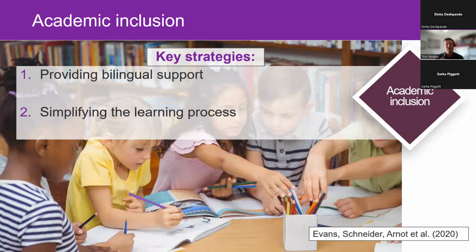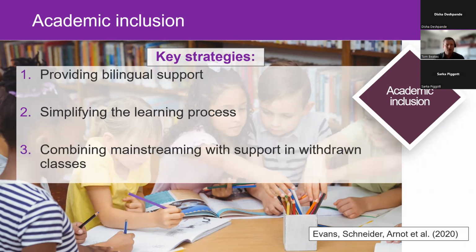They would simplify the instructions to allow them to access the problem. And of course, this involves a lot of the techniques and ideas that I'm sure we're all familiar with, like using visuals, graphic organizers to visually represent and organize concepts, as well as scaffolding tasks by breaking them down into smaller chunks, using graded language, and so on.